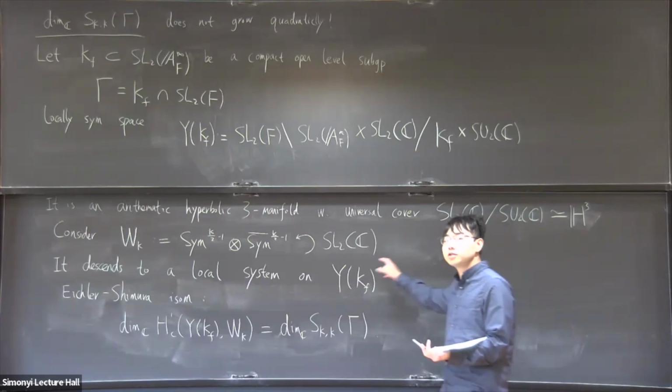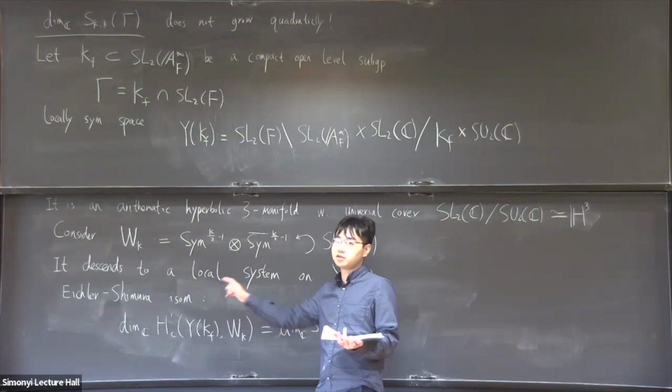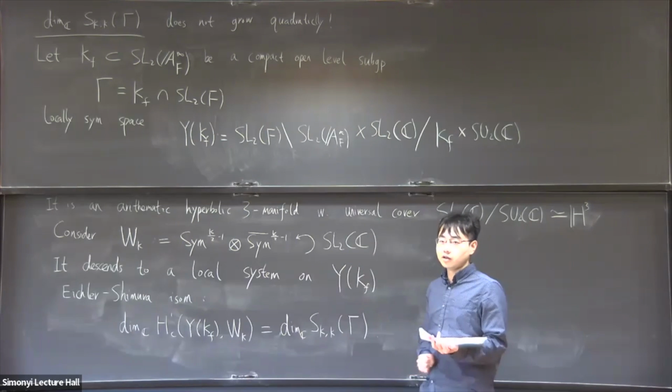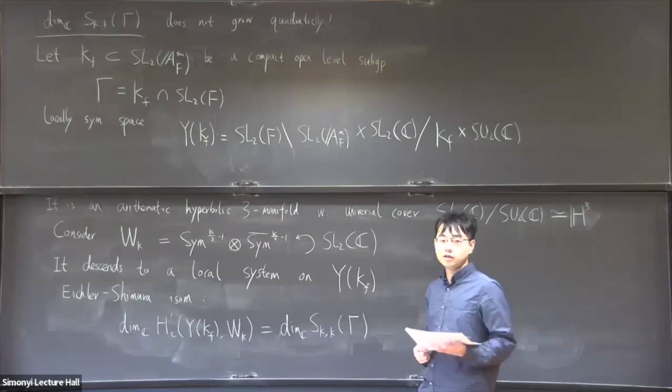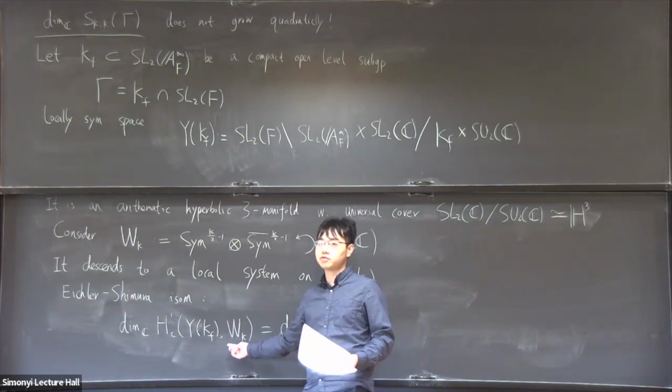Did you ever tell us the definition of S_KK(Gamma)? I would have thought this would basically be that definition, because you use the symmetric powers to define this local system. That's right, you can define this space in terms of this, but there are some other definitions. For the purpose of this talk, you can just take this as a definition.